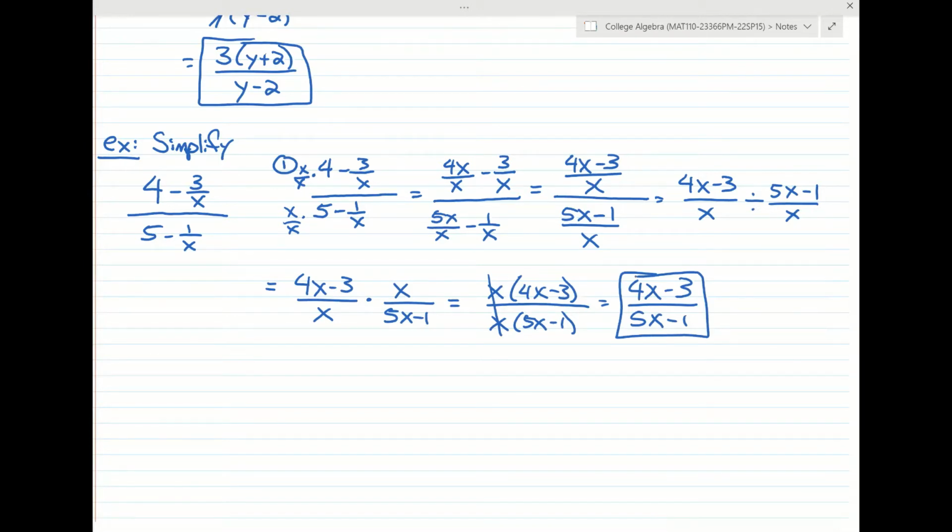We combine the top fractions, we combine the denominator fractions, and then we multiply by the reciprocal of the second fraction, dividing the fractions between.